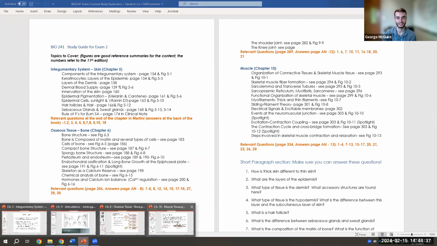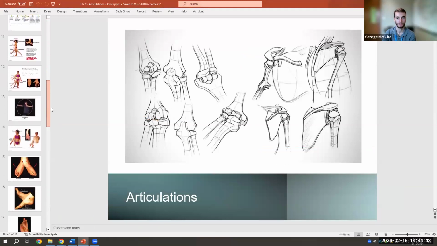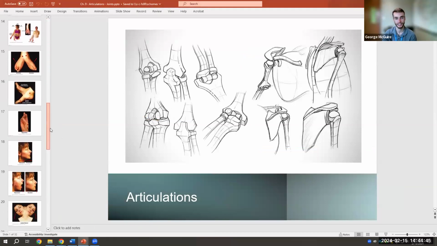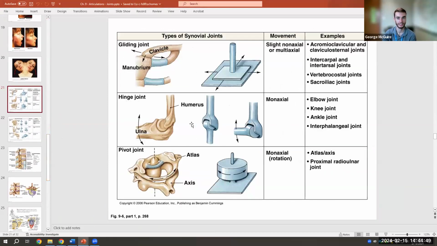Generally just a difference in the structure of those joints. So they're both synovial joints, but the shoulder and hip joint are ball and socket joints, whereas the elbow is a hinge joint. Elbow, knee, ankle, those are all hinge joints. So recognizing what kind of movement that allows for.